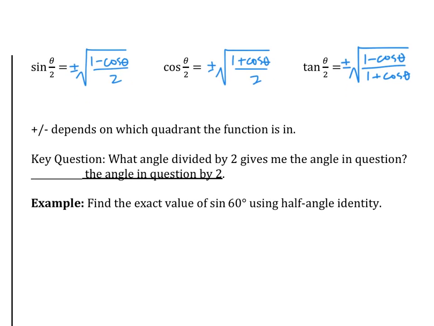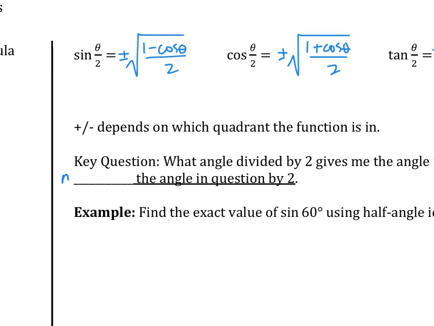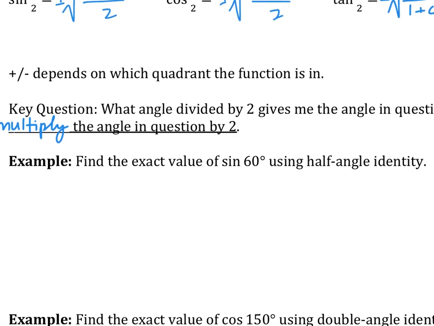Now, since we're doing half angle and not double angle, the question that you ask yourself is going to be different. For double angle, you always say what angle multiplied by 2 gives me that angle in question. For half angle, you will say what angle divided by 2 would give me that angle in the question. Or you can just multiply the angle by 2.